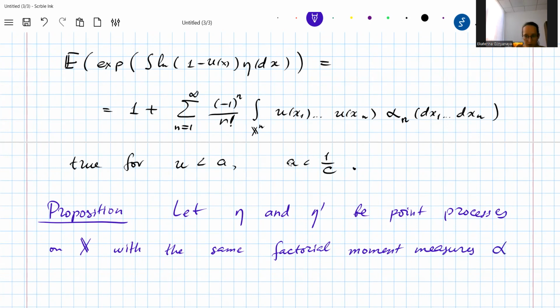Let it be alpha n. So we have this quantity for all powers.